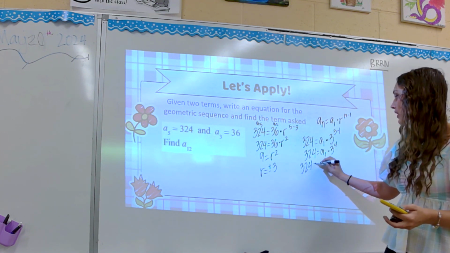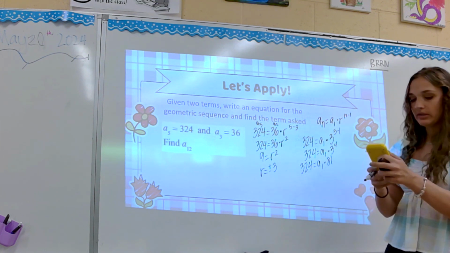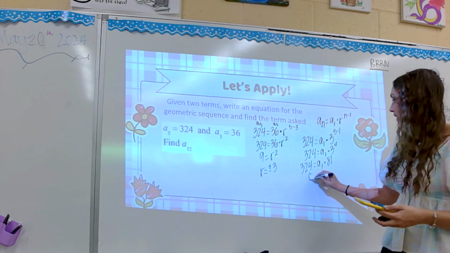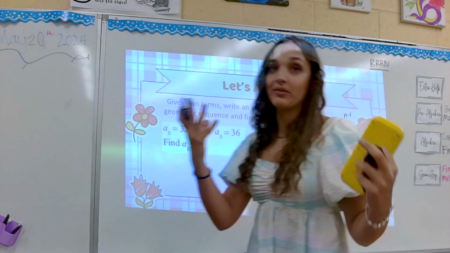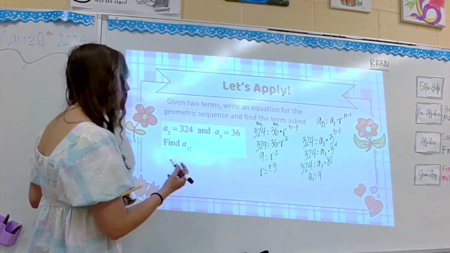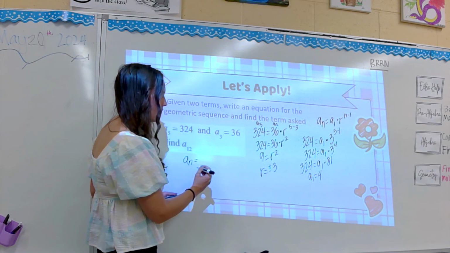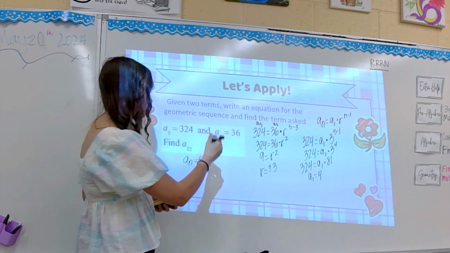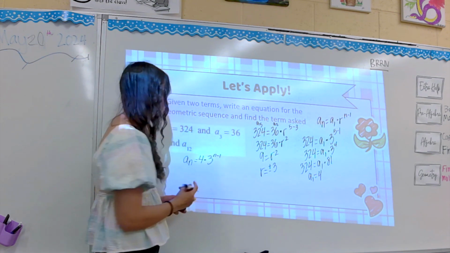So 324 equals A1 times 81. Divide that 81 over, and I get my A1 is 4. So now my final equation, took us a little bit, my nth term equals 4 times, we found the ratio is 3, to the n minus 1.